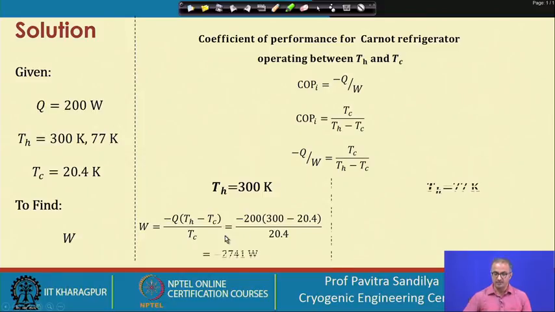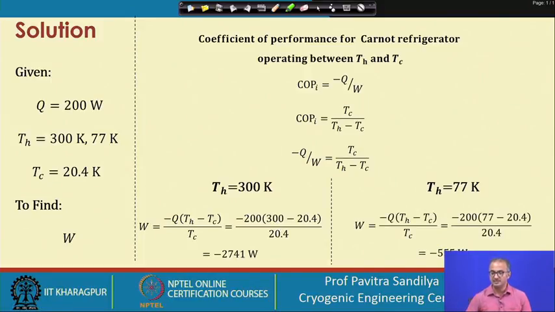This is the work requirement if we are going for 300 K, and if we are going for 77 K, we find this work requirement. So, you can see easily that the higher the temperature of the sink, the more is the work requirement for a given Q, and for a given TC when TH is changing. So, we are going with the basic definition of the COP to get the work requirement.